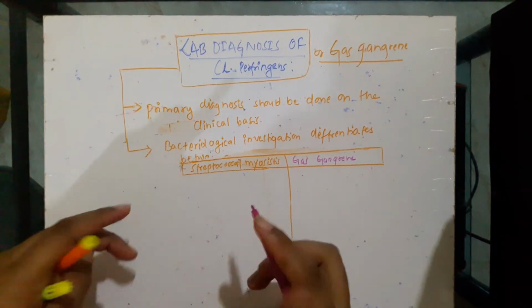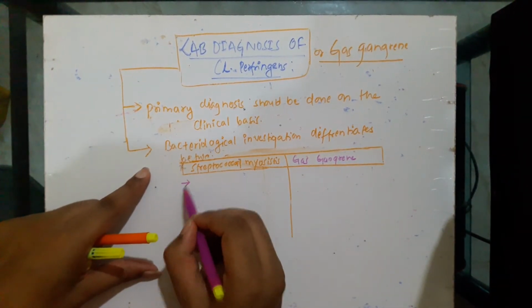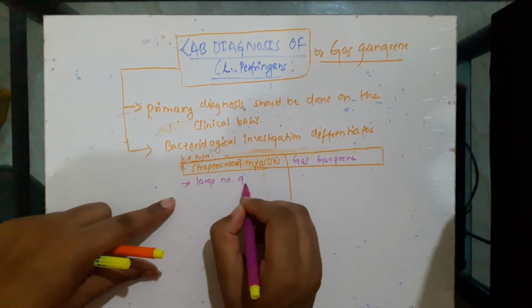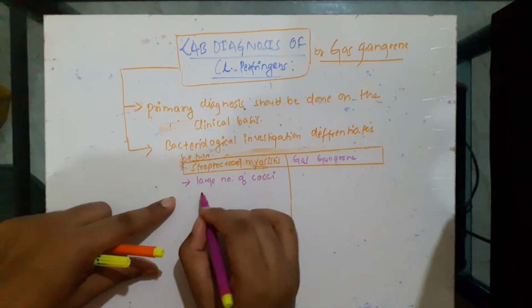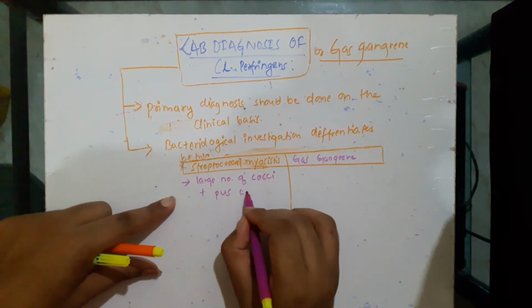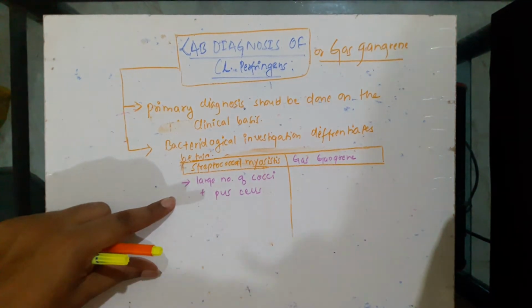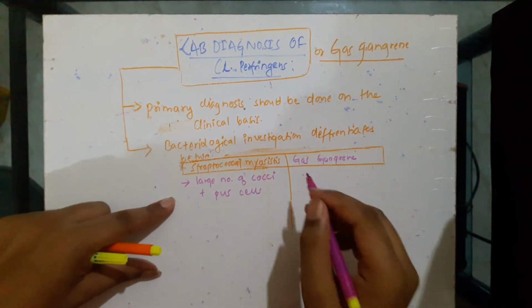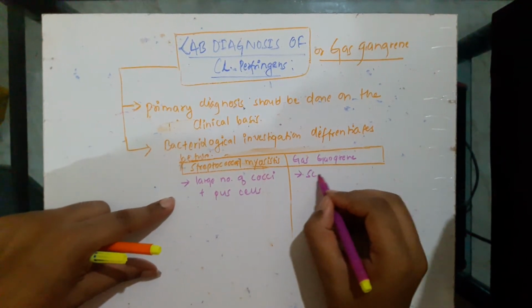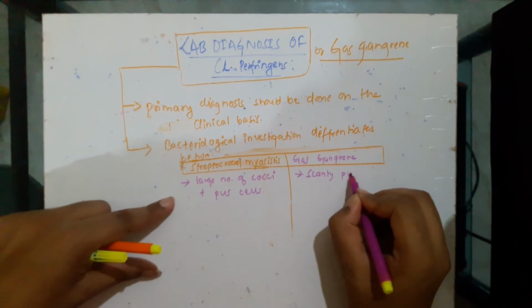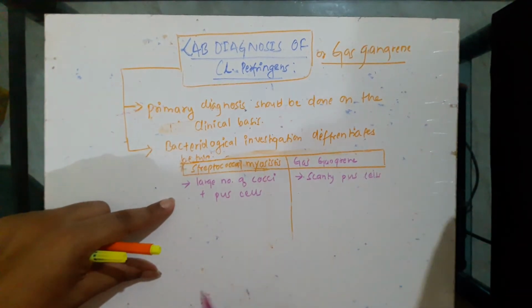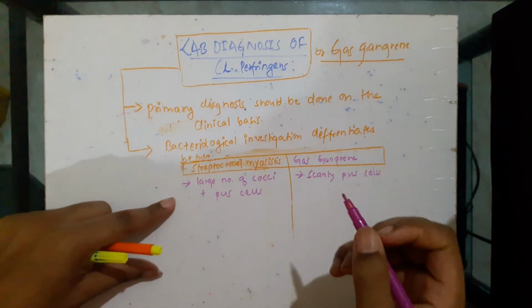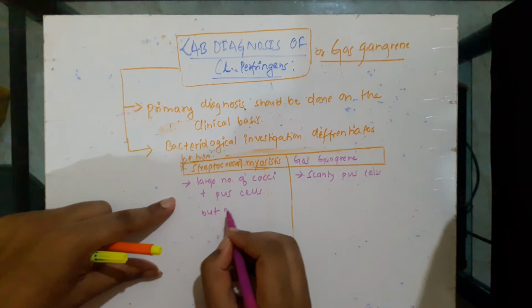When you observe the smears in streptococcal myocystis, you will find a large number of cocci and pus cells, but no bacilli.